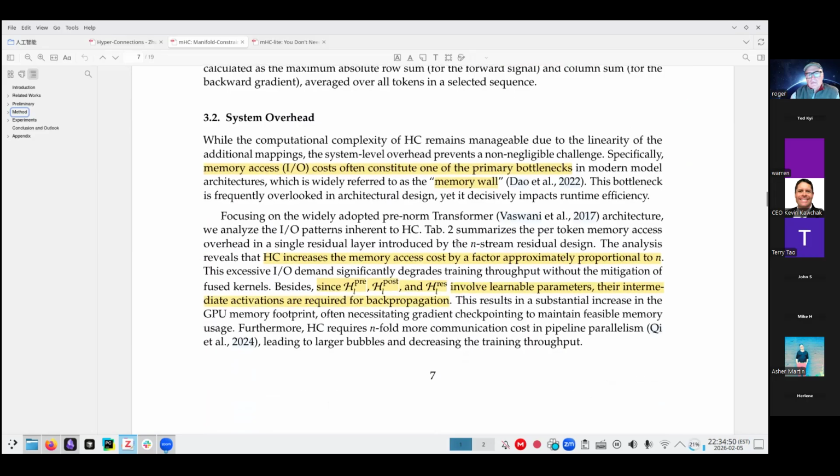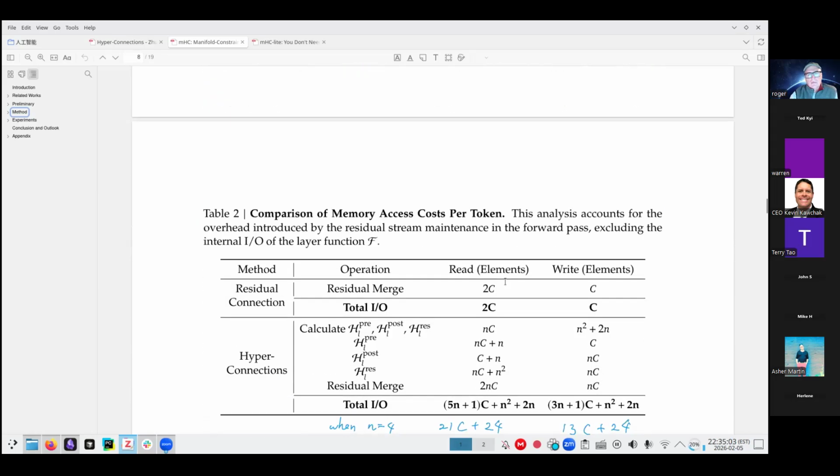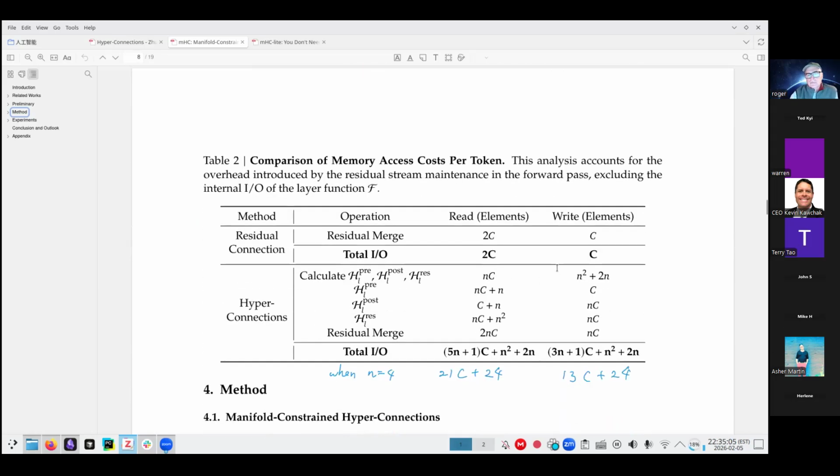System overhead, memory cost. They also talk about the memory access overhead. I think they have some calculations done in this table: read, write, how many memory accesses you need.